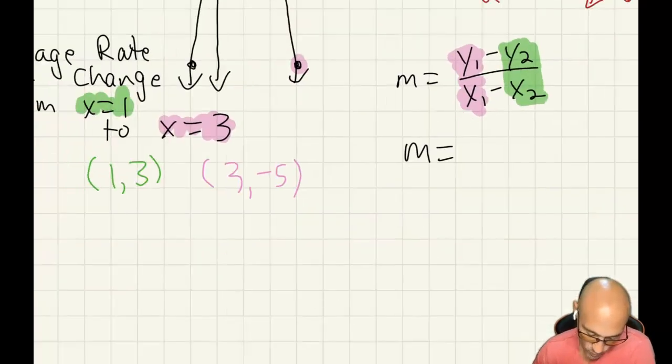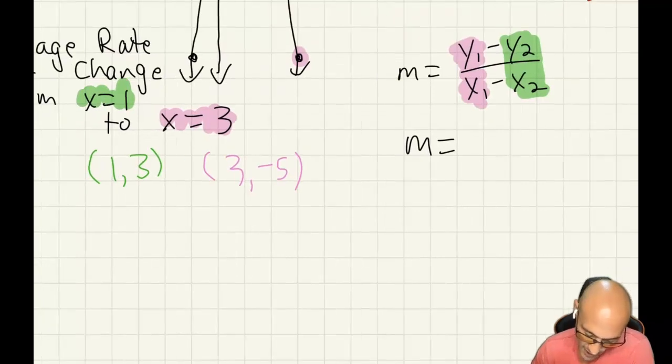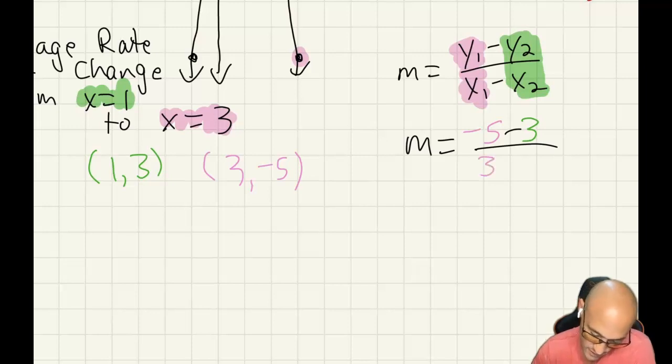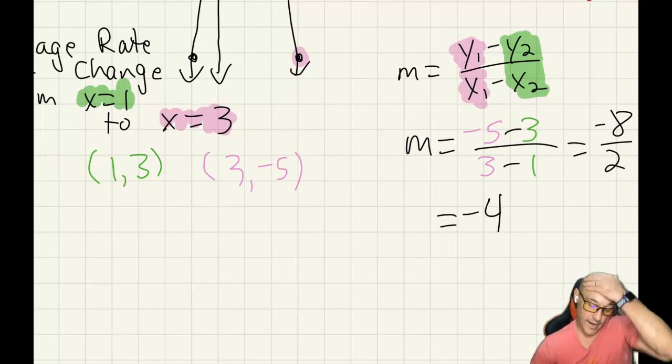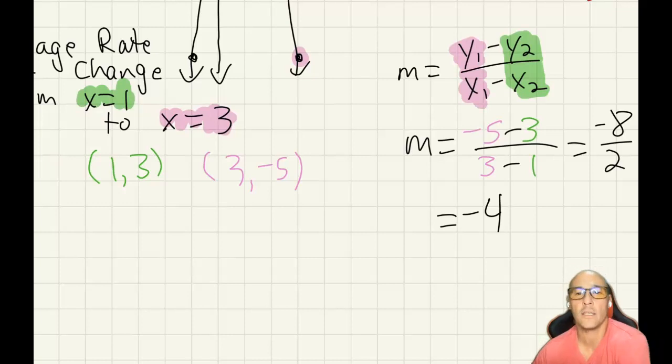All right. y1 is negative 5 minus y2, which is 3, over x1, which is 3, minus x2, which is 1, and that's going to be negative 8 over 2, which is negative 4, or negative 4 over 1.